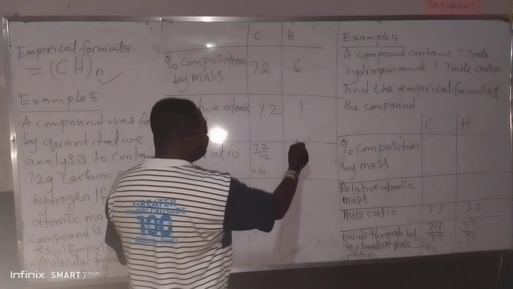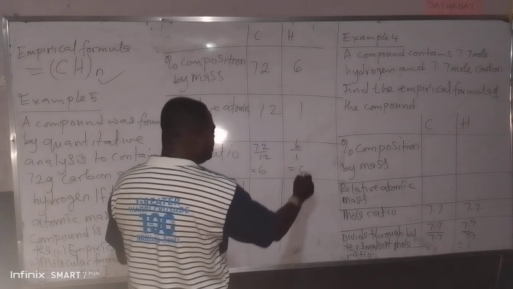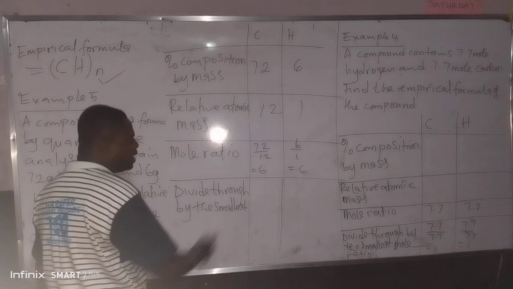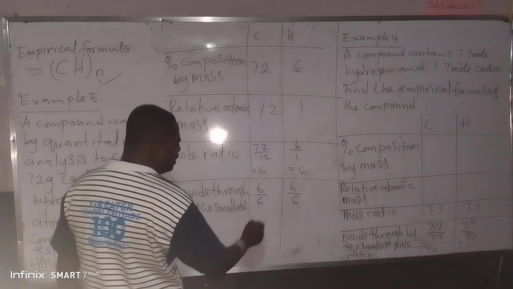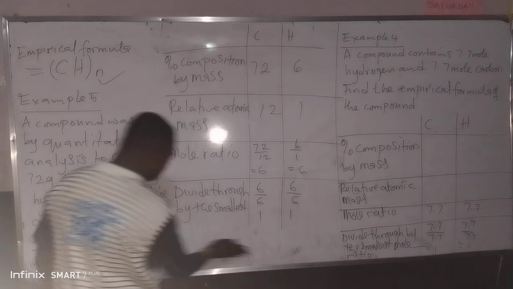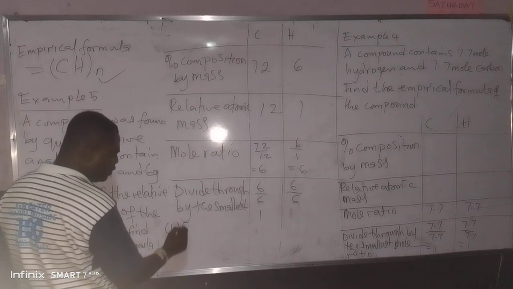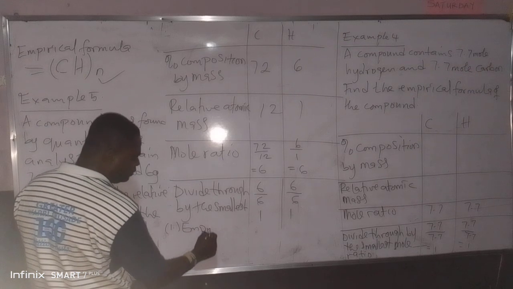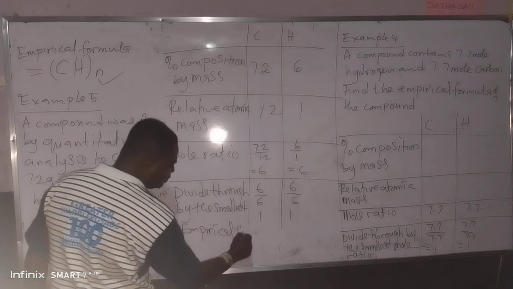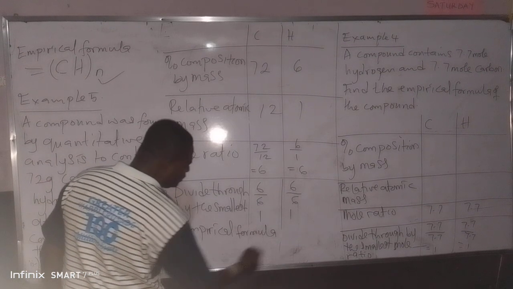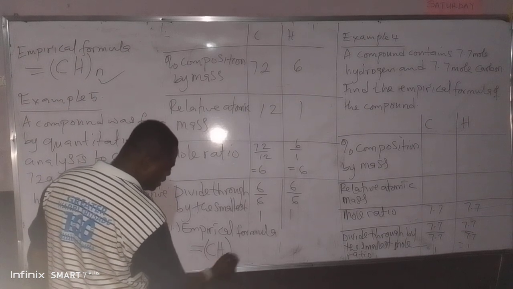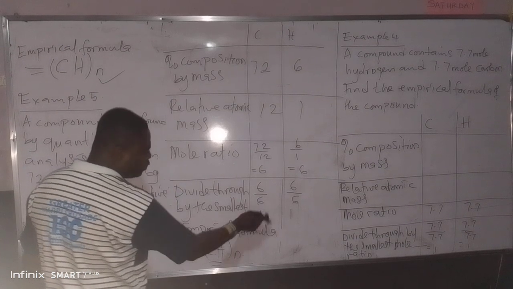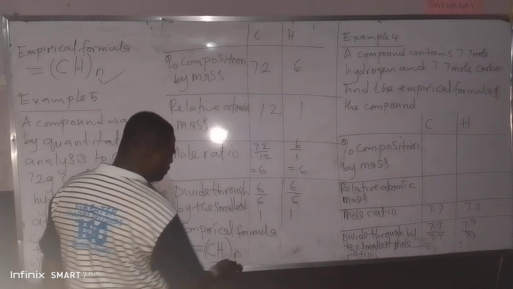Then here we have 6 over 1, that's 6. The smallest is 6. So 6 over 6 is 1, and 6 over 6 is 1. Roman figure 1 now, the empirical formula: C1H1, so that's CH.